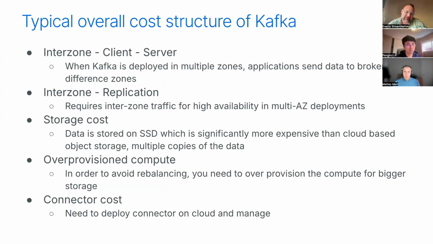But I want to talk about beyond just what is mentioned in the blog post of the 5 gigabyte per second workload. There are additional costs that Ursa optimizes on top of the ones we've already discussed. The first two we've already talked about are the interzone client-server and the interzone replication.